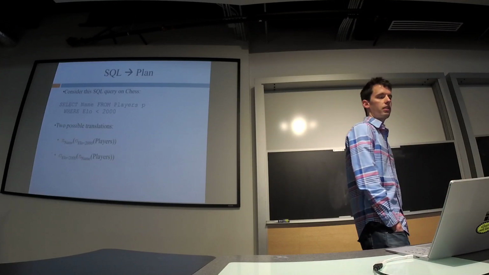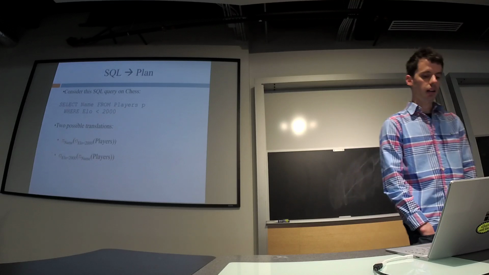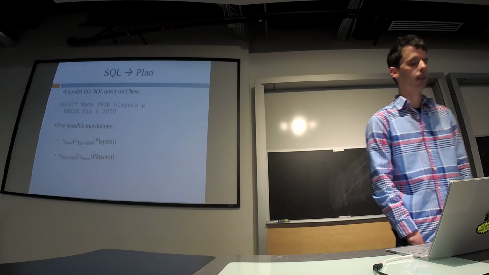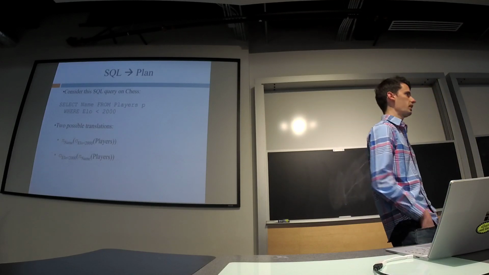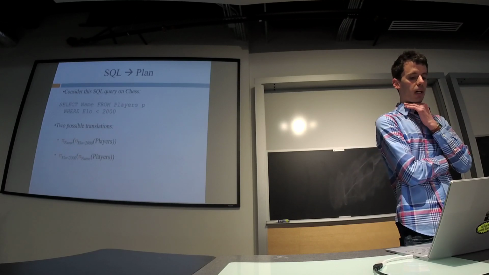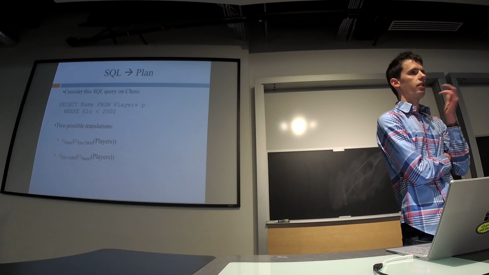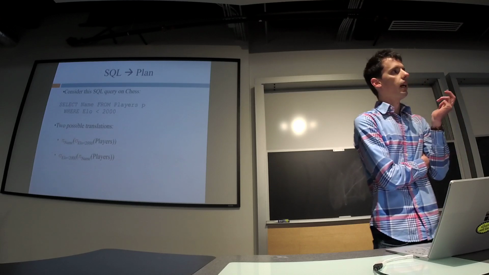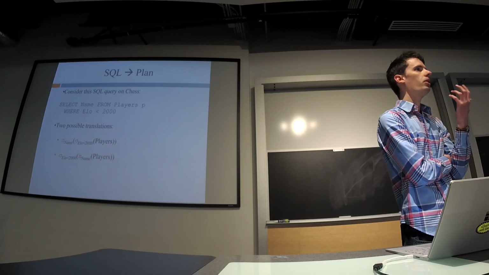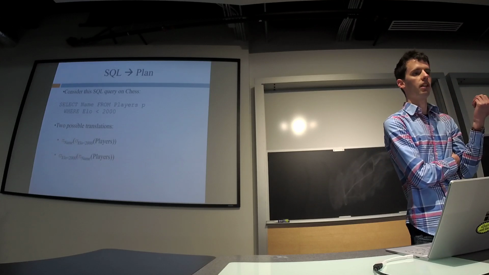Okay, so let's look at a simple query. On the chess database, say we want to find the names of all players with an Elo less than 2,000. So select name from players where Elo less than 2,000 is the SQL form. In relational algebra, there are two reasonable formulations for this.